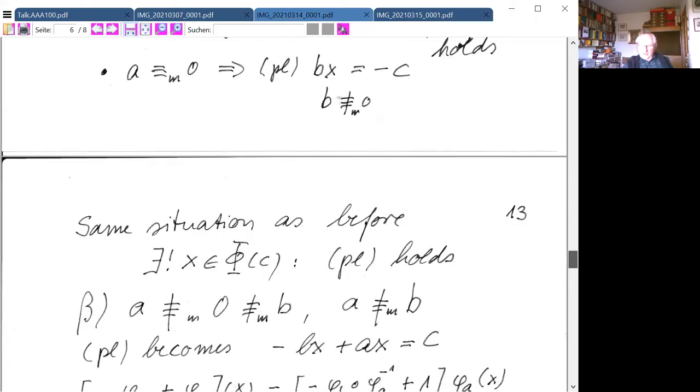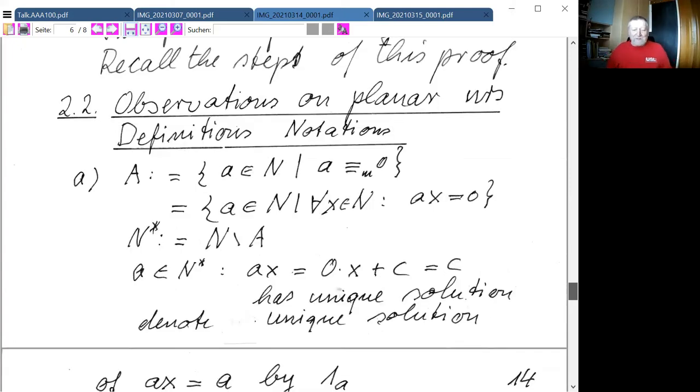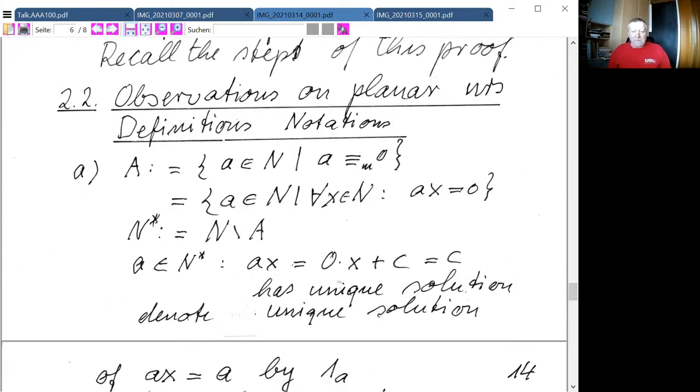Okay, here we are. Now, what do we have? We were able from a Ferrero pair to construct a planar near-ring.